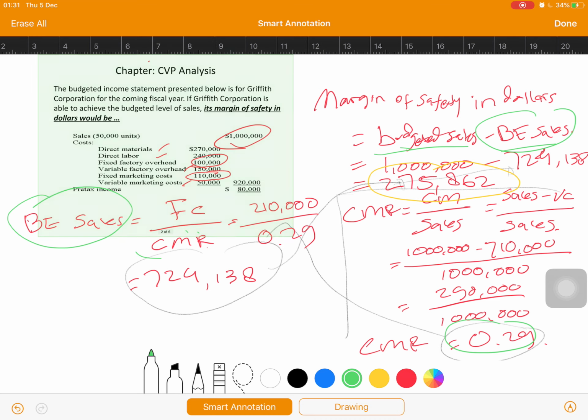After you get the contribution margin ratio, you put it into the calculation and get the break-even sales. Then you go back to the beginning step and input the break-even sales into the calculation, so you get 275,862 of margin of safety.